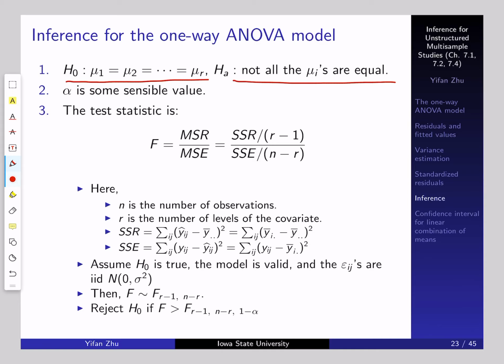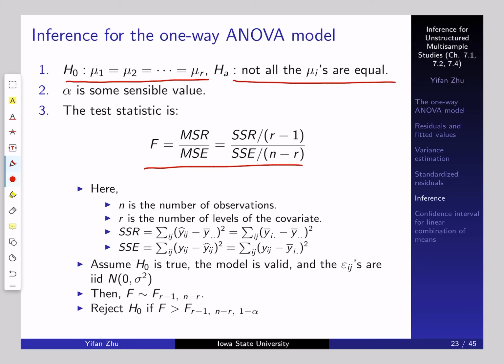Okay, so here's how we do the test. The test statistic used here is an F test statistic. It is very similar to what we have in the ANOVA for simple linear regression and multiple linear regression.